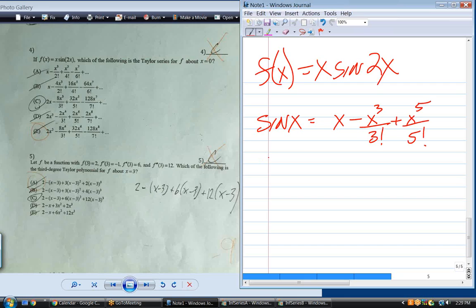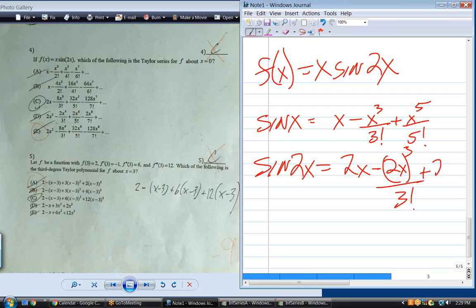What's the sine of 2x? 2x. Well, just put a 2 in front of all the x's. And the parentheses are very important. Not a 2x in front of all the x's, it's a 2x in place of all of the x's.